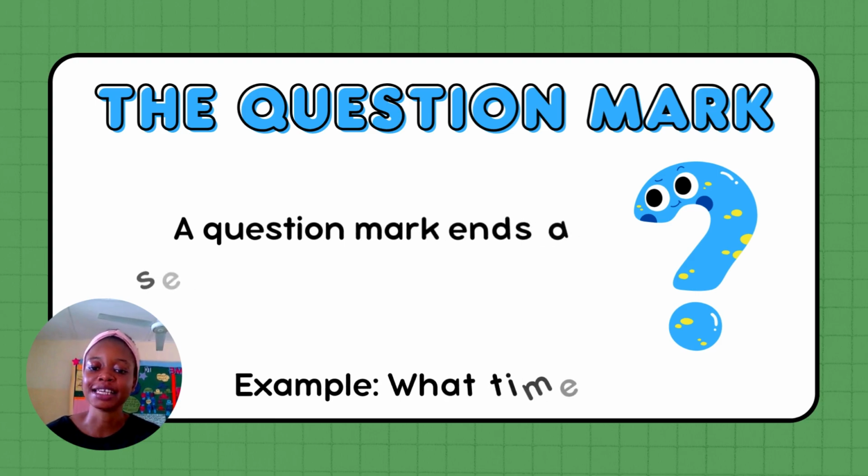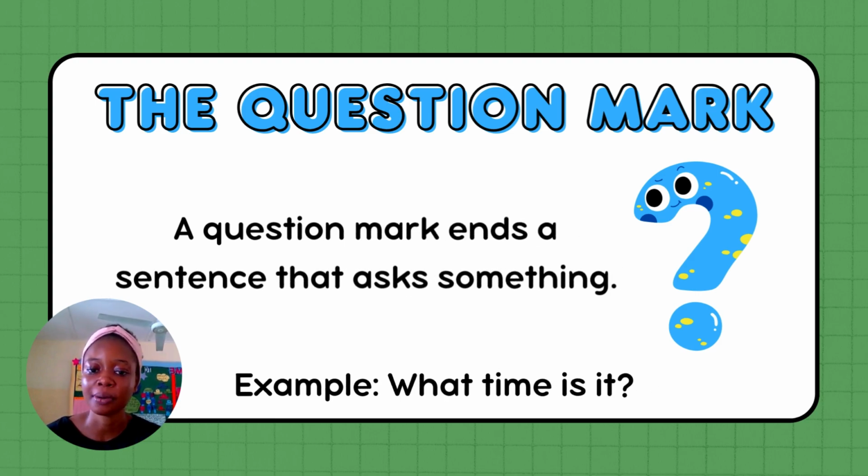The next one we're looking at is the question mark. Now, a question mark is used at the end of a sentence that asks something or that asks a question. Just like we have our period that we use at the end of a sentence that tells something, in this case, we're using a question mark at the end of a sentence that asks a question. We can see it on the screen.